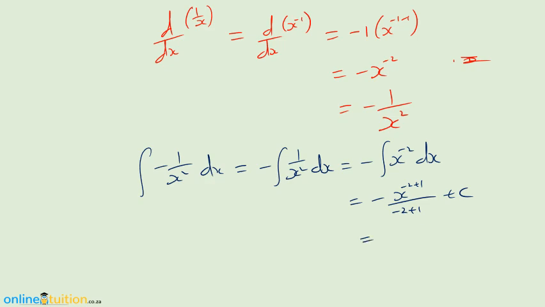So this becomes minus 2 plus 1, so minus x to the minus 1 over minus 1 plus a constant. And so the answer turns out to be 1 over x plus a constant. So if c is 0, we get exactly what we found earlier. Okay, so the integral of minus 1 over x squared dx, one possibility is 1 over x.